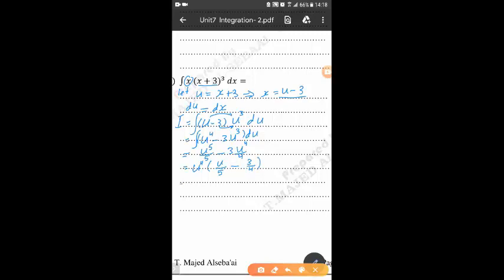Then substitute u back: it will be (x plus 3) to the power of 4, bracket, (x plus 3) over 5 minus 3 over 4, plus c. That is the answer. The answer is going to be like that.